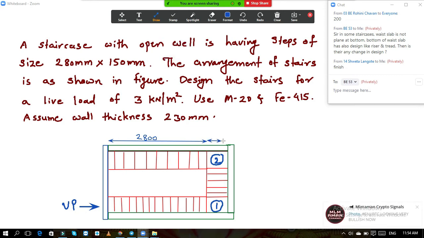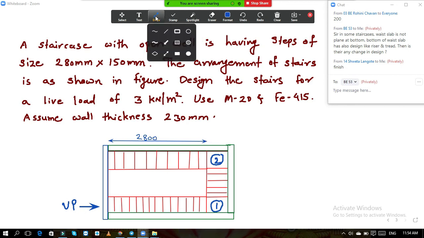So from here up to this point, this is 1400. 1400, and then the remaining, now I will show it by a different color, this dimension.